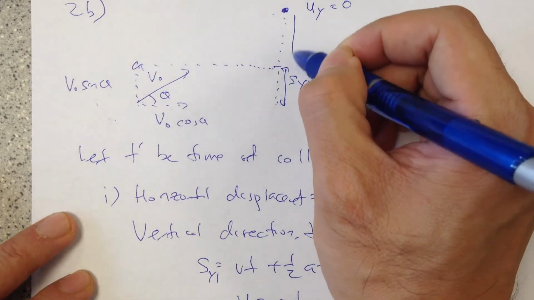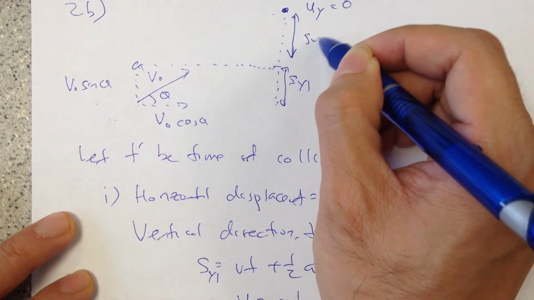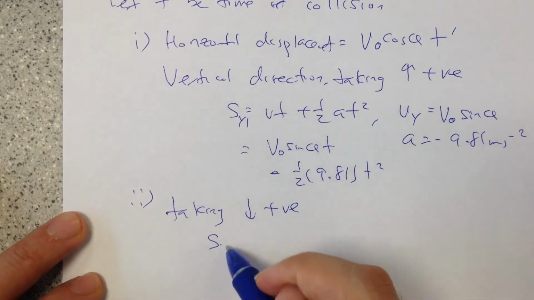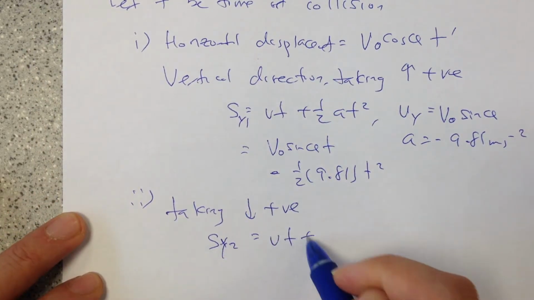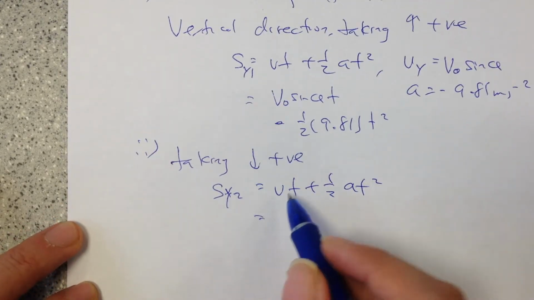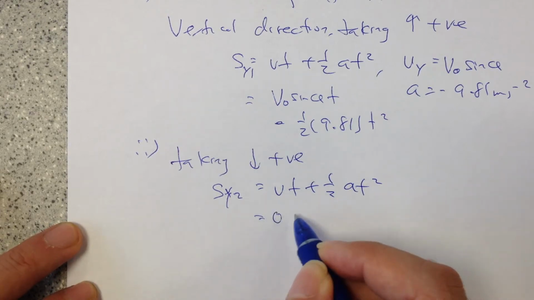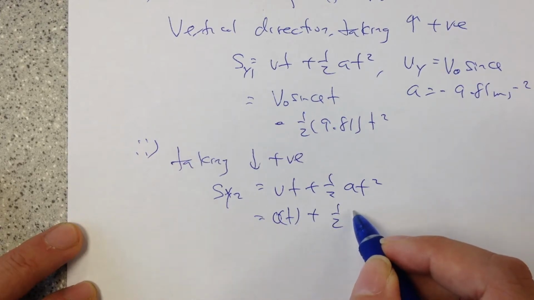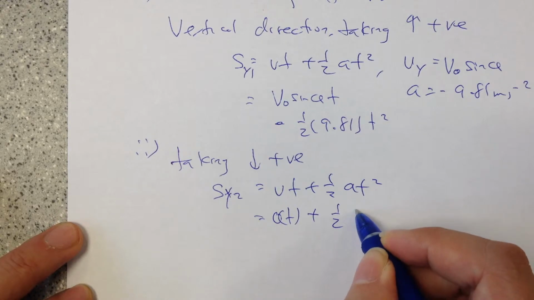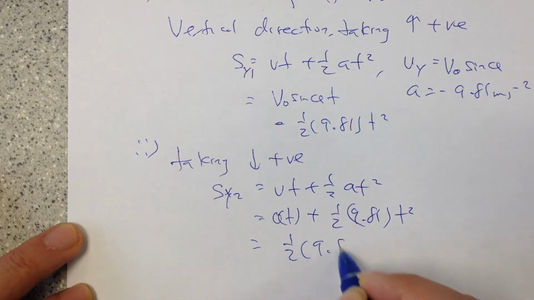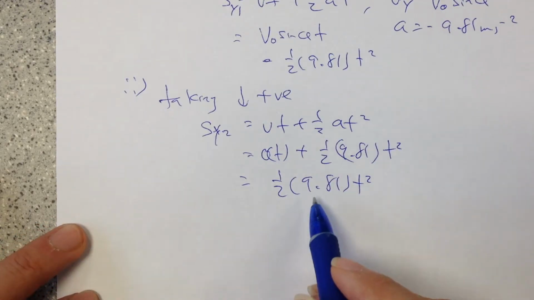And let this be sy2. So sy2 is equal to ut plus half at square, taking down as positive. It doesn't have any initial velocity downwards, so this is 0 multiplied by t, and you plus half 9.81 t square, so you get half 9.81 t square. Okay, this is the distance sy2.